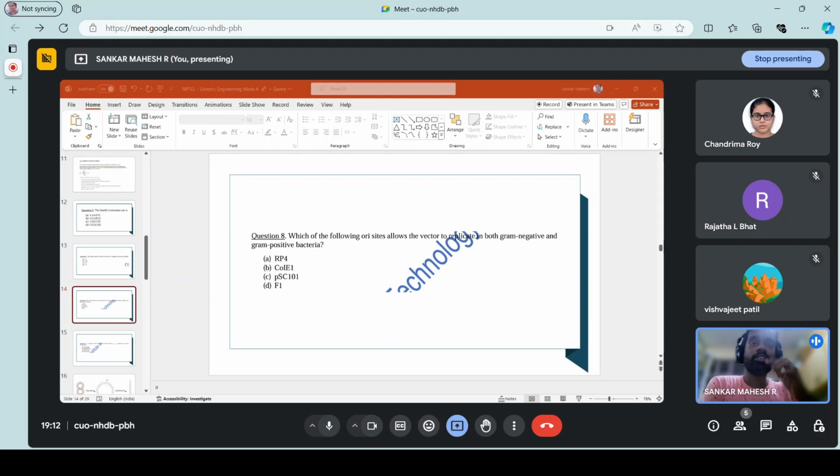Another way to look at this is, I was mentioning that F1 is a bacteriophage, but it could only infect strains of E. coli and not something that is gram positive. So if there is some other plasmid or phage that could infect both gram positive and gram negative bacteria, then that origin could also sustain in both gram-positive and gram-negative cells. So that is the logic behind this.